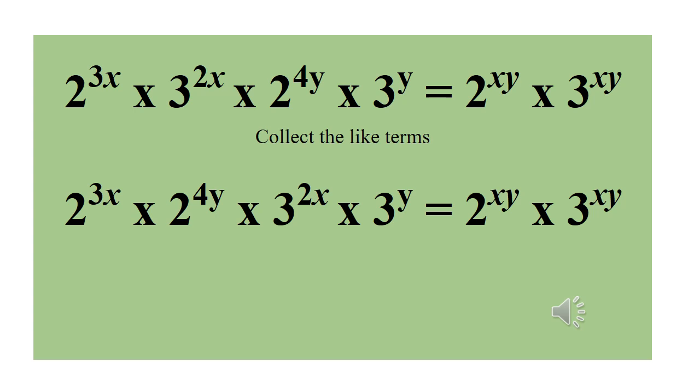If you collect the like terms, those that have the same base, 2 raised to power 3x multiplied by 2 raised to power 4y, then times 3 raised to power 2x multiplied by 3 raised to power y, then equals 2 raised to power xy times 3 raised to power xy.